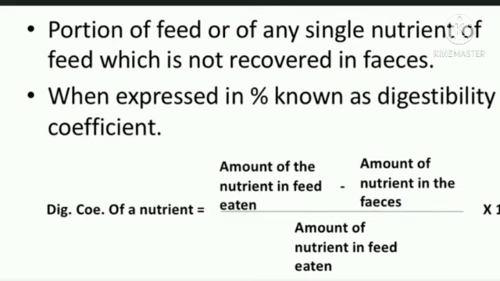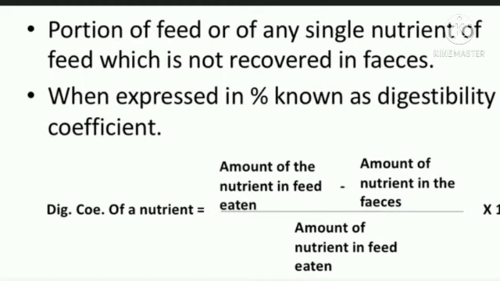So the digestibility coefficient of a nutrient is calculated as the amount of nutrient in the feed eaten minus the amount of nutrient in the feces, divided by the amount of nutrient in the feed, into 100. So that gives you the digestibility coefficient of any nutrient.